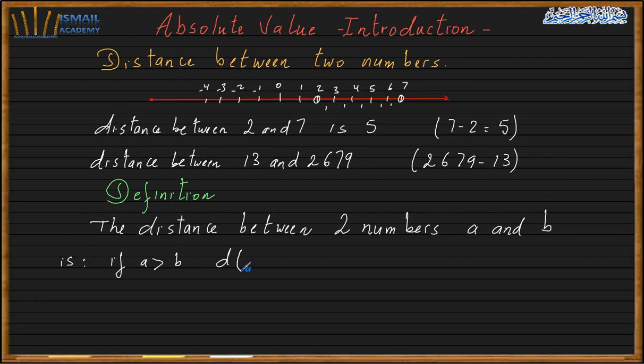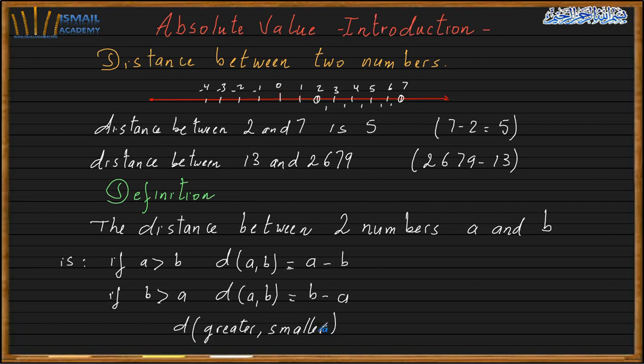But if B is greater than A, then the distance is B minus A. So the distance is always the greater minus the smaller, obviously.